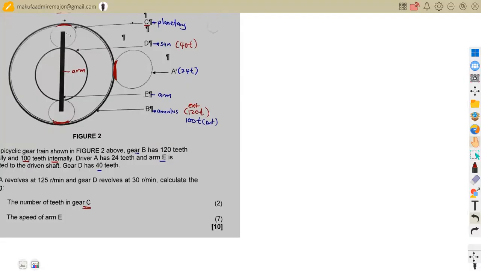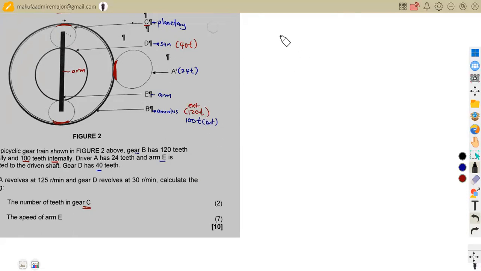If we are to consider properly what we have on C in this case, it's our planetary gear. For the number of teeth, we do not need any special table or any special calculation there. We need to remember the number of teeth on the annulus, given the sun gear and the planetary.